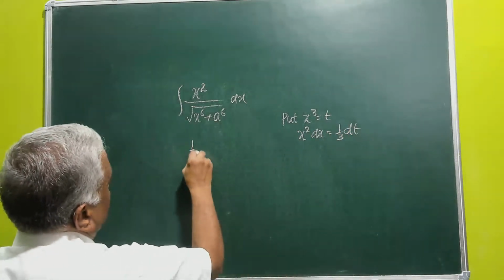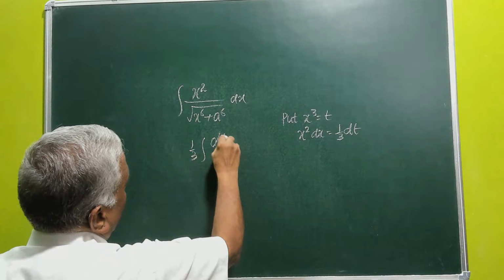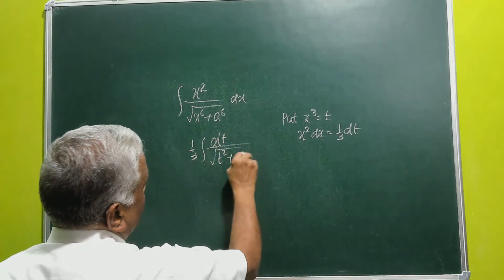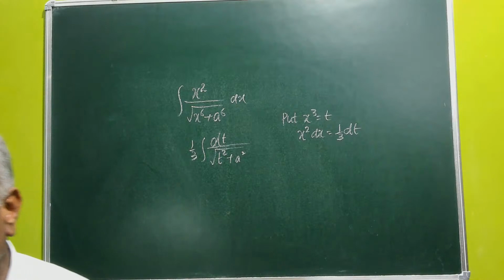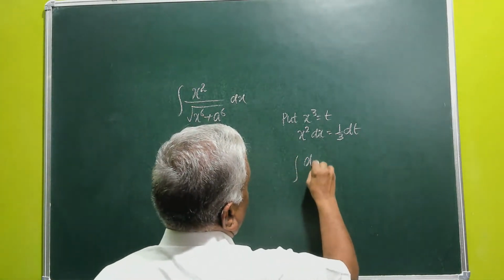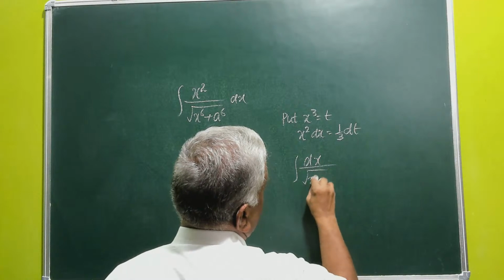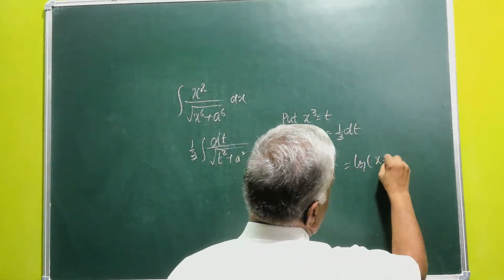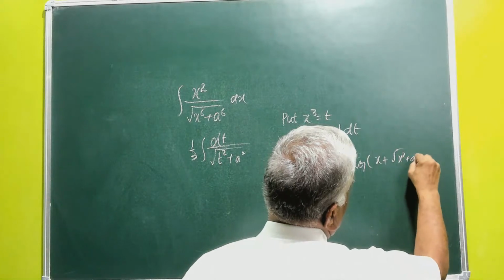So this is 1 by 3 dt over root of t square plus a square. What is the answer for this? You have to recall the formula: dx over root of x square plus a square is equal to log of x plus root of x square plus a square.